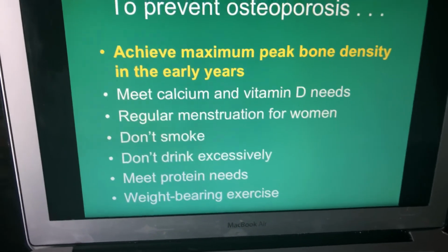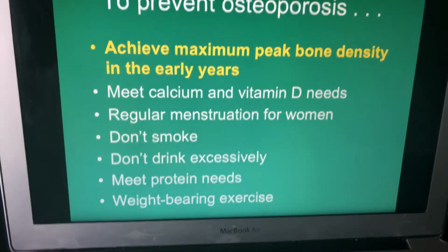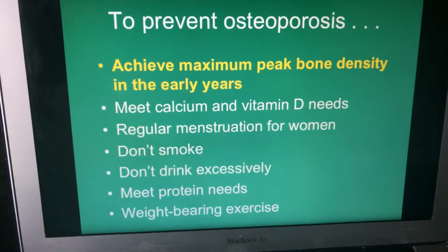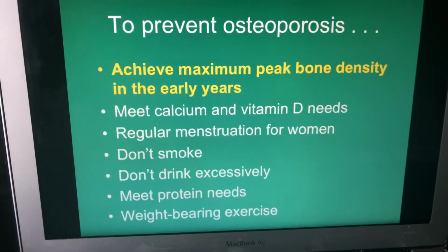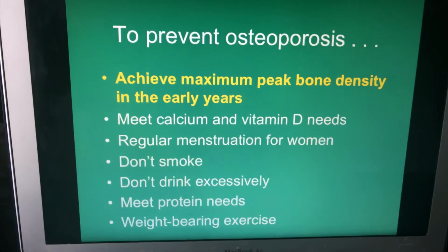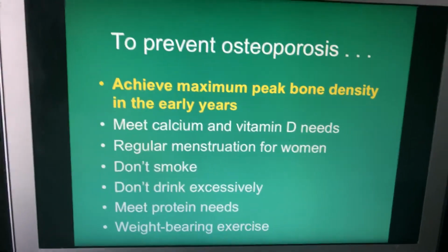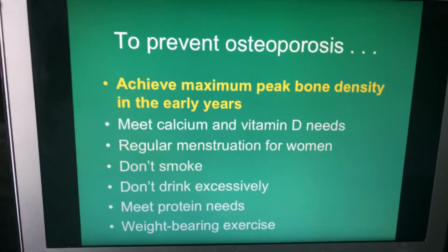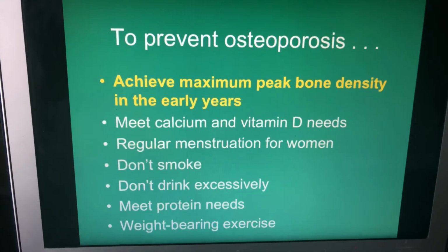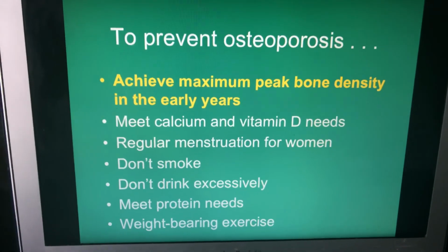Don't smoke, don't drink excessively, meet your protein needs, because protein is a component of bone, and do weight-bearing exercise to put some stress on your bones, because stress on your bones will stimulate bone formation and calcification of bone.